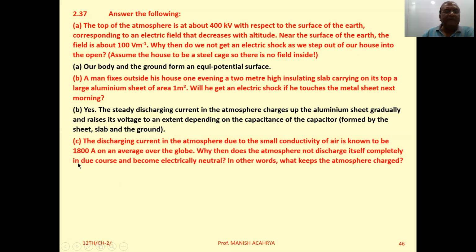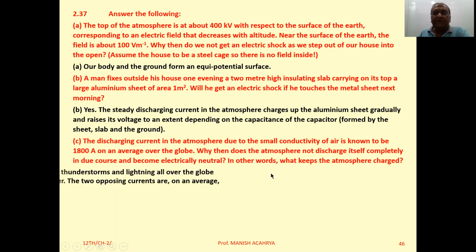Then C. The discharging current in the atmosphere due to the small conductivity of air is known to be 1800 ampere on an average over the globe. Why then does the atmosphere not discharge itself completely in due course and become electrically neutral? In other words, what keeps the atmosphere charged?